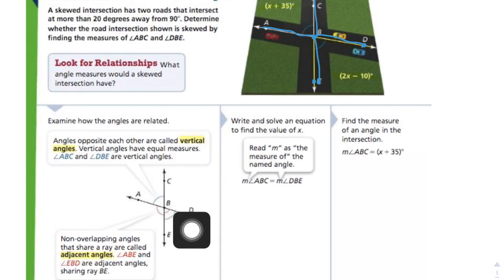Now adjacent are non-overlapping angles, so they don't overlap each other, and they share a ray. So for example, ABE is adjacent to EBD. They don't overlap and they share a ray. So those are the differences between vertical and adjacent.